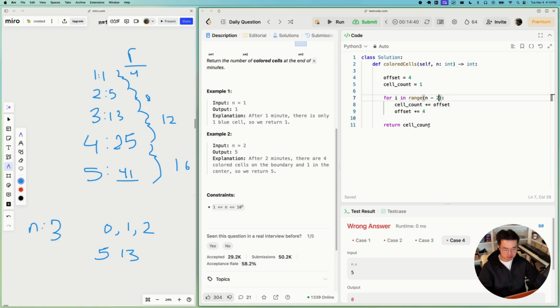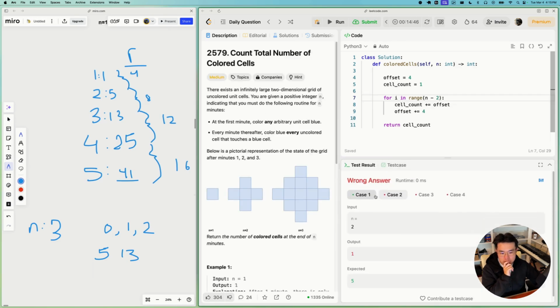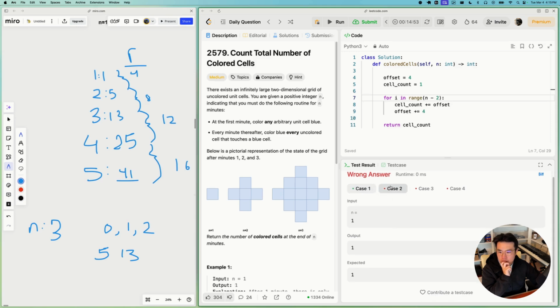Cool. Yeah, let me go ahead and run that. Wait, when n is equal to 2, for i in range... Actually, it might be n minus 1.